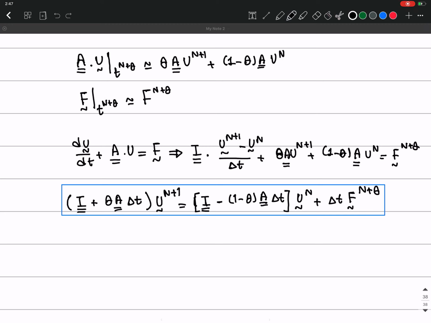And the other thing that we know is that the initial condition is 0. So that means that u at n is just 0, and 0 is a vector. This is from the initial condition.